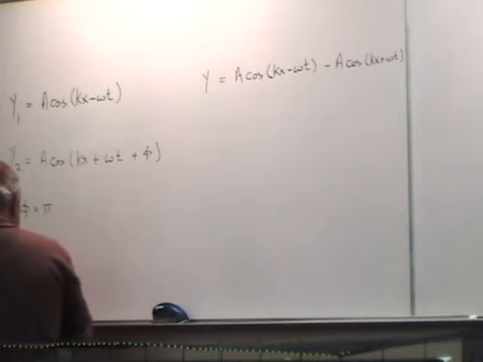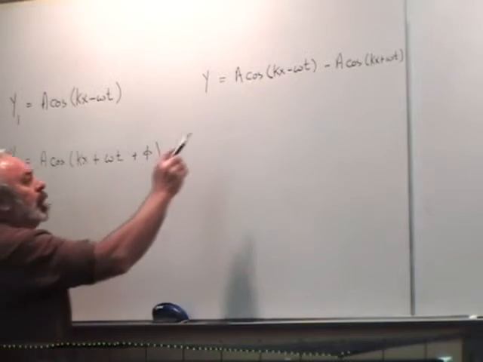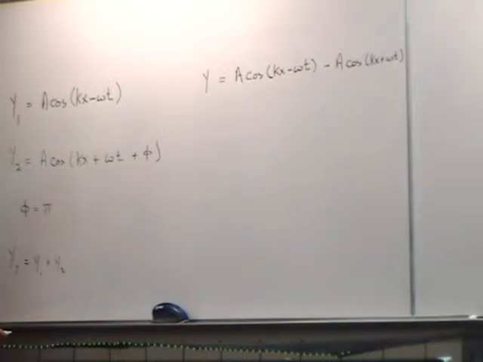How did a plus sign turn into a negative sign on the second term? Direction. Because we have phase shifted halfway, that's why.